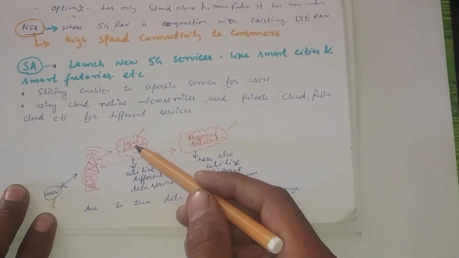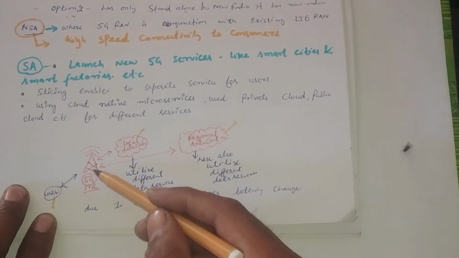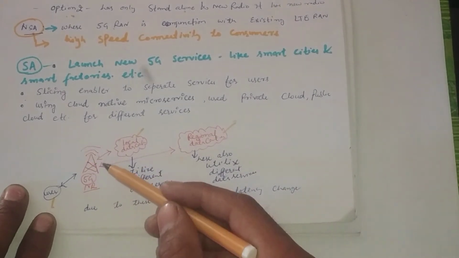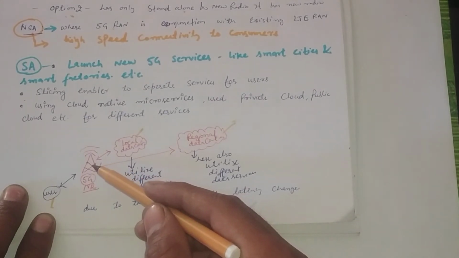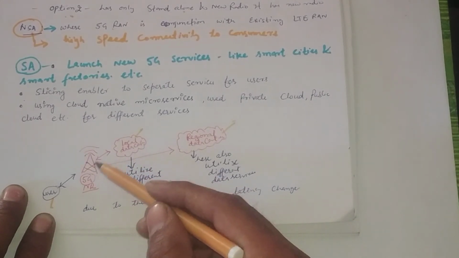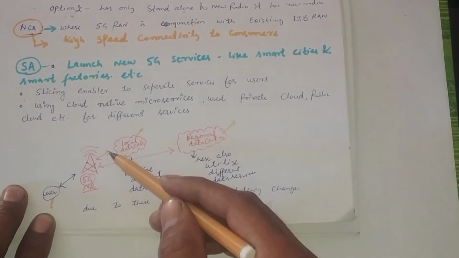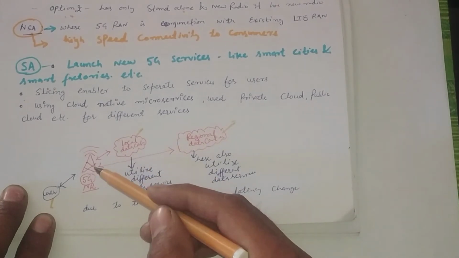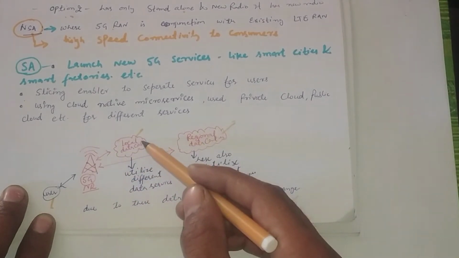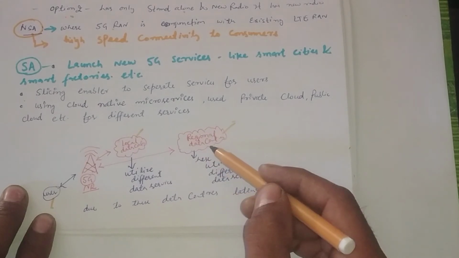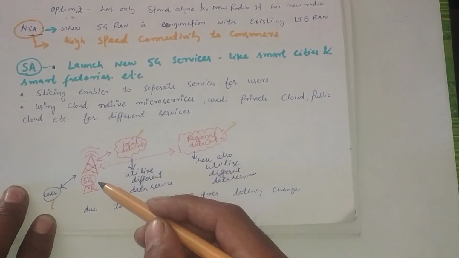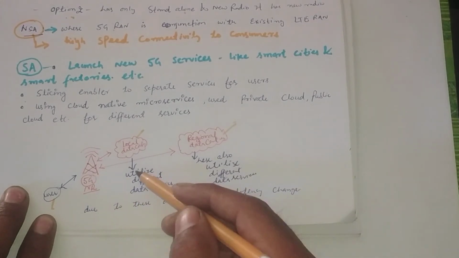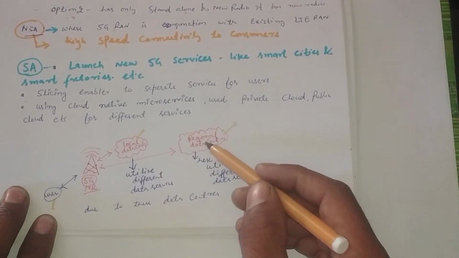The local data center is the data center that is near to the 5G base station, and most of the time 5G communication is possible between this base station and the local data center. And the regional data center is in another region, and these 5G base stations also communicate with that particular regional data center.